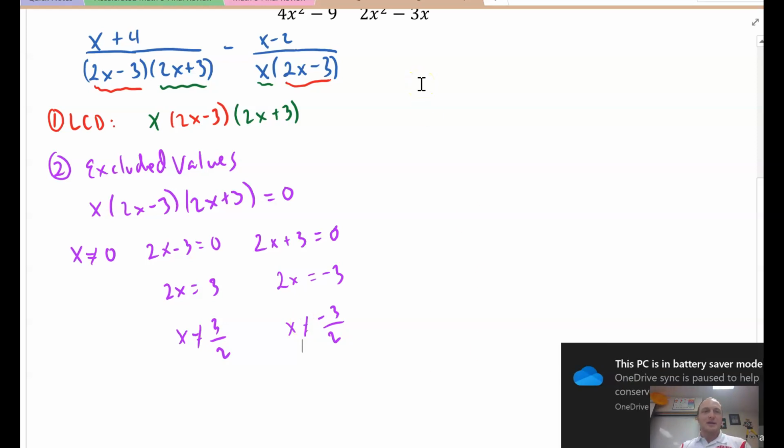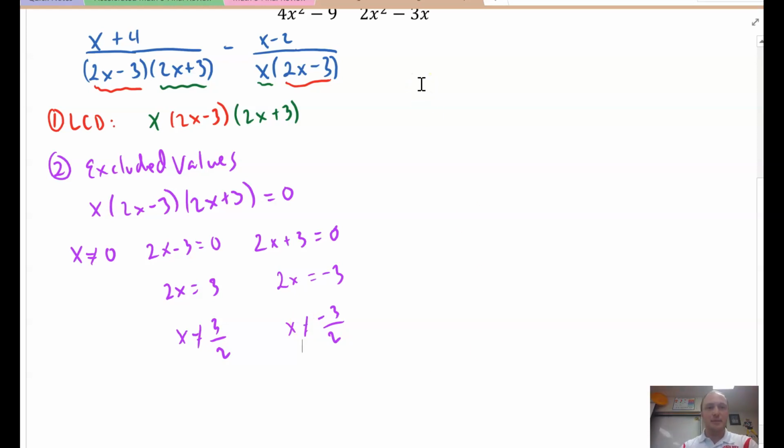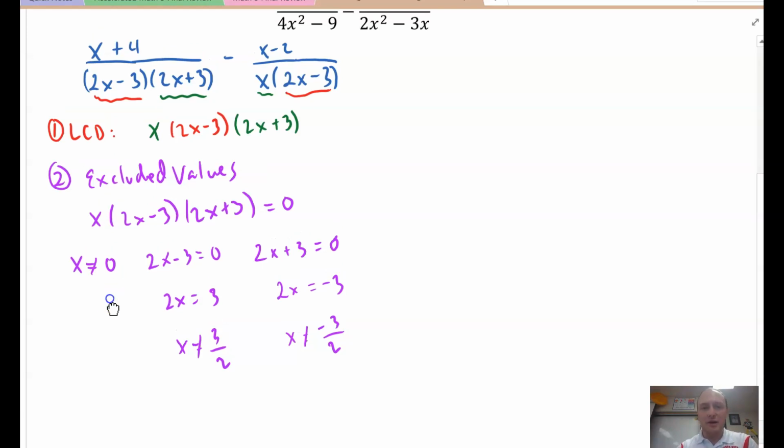So next, this is step 3. We're going to multiply in our factors, okay? So I'll just put an equal sign over here. I have my factor x plus 4 over 2x minus 3 times 2x plus 3. And I'm going to multiply in the missing factor, which is x.